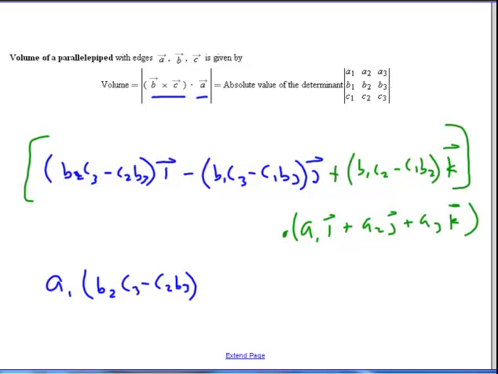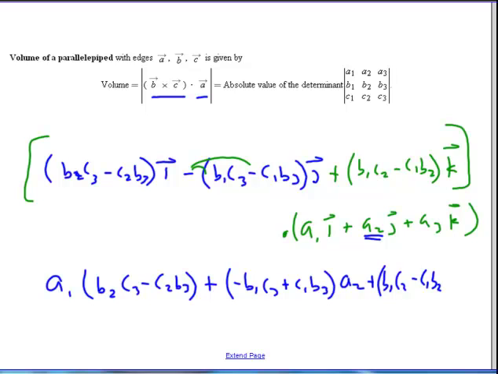And if we distribute the negative sign, plus negative B1 C3 plus C1 B3 times A2, so multiplying their like components, plus B1 C2 minus C1 B2 times A3. And this is the volume, and here's the actual expression for it.